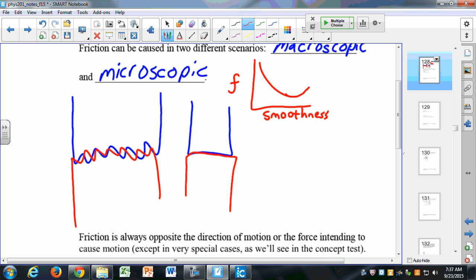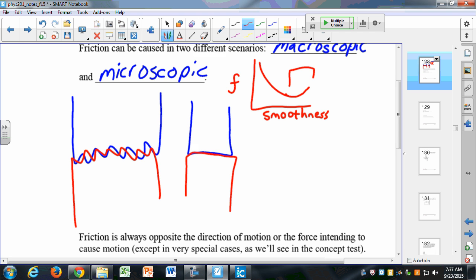Can anybody explain to me why we have this uptick in the frictional force? As you make a surface smoother and smoother, why does the frictional force actually begin to increase? That's right, because the molecules actually get closer to one another, and so you begin to have these intermolecular forces. There's also the fact that you just have a greater surface area in contact with one another, and so that increases the friction.